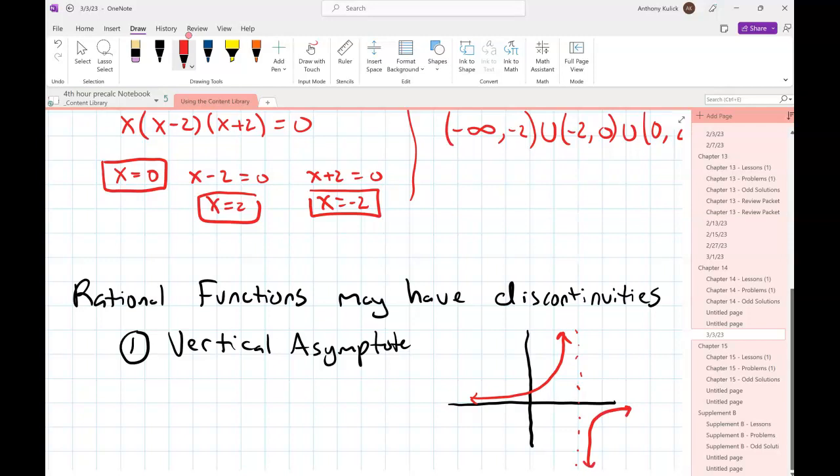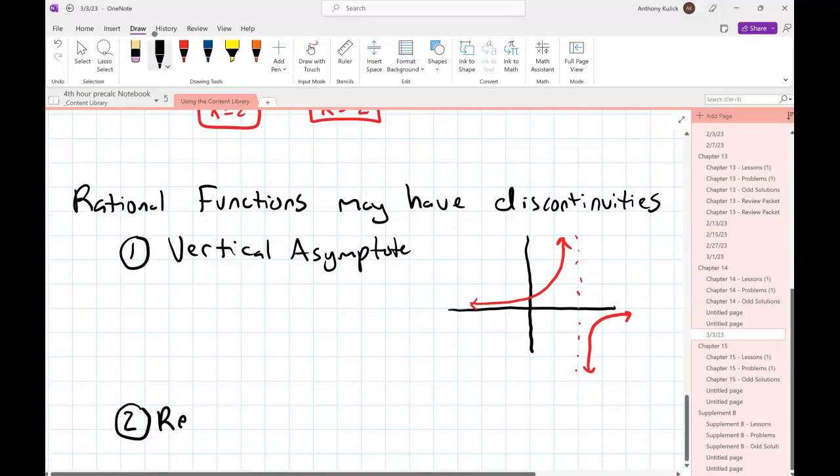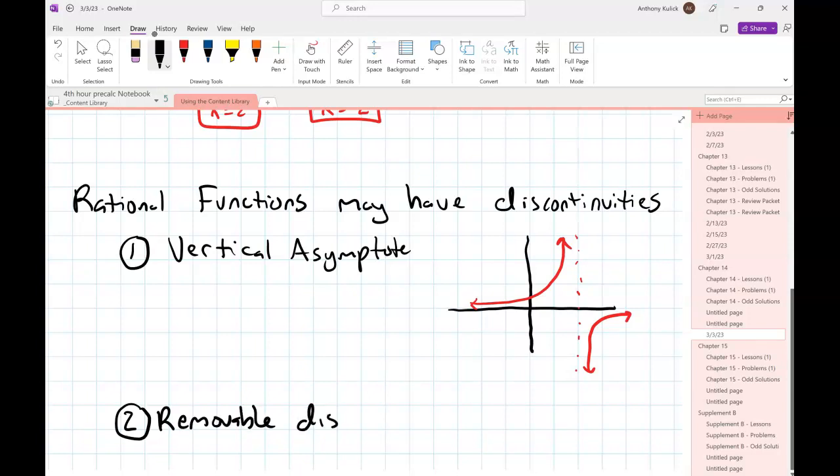So something like that. Notice to draw that graph in red, I have to pick up my pencil when I get to the vertical asymptote. I can't keep my pencil on the paper and draw that picture, right? That's what we mean by discontinuity. So that's one type. The other type that we can have is called a removable discontinuity.